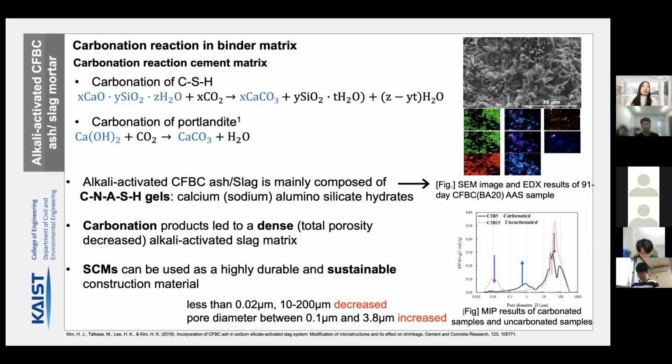However, the main product of alkali-activated CFBC ash slag is C-N-A-S-H, calcium sodium aluminosilicate hydrates. So the carbonation behavior differs from C-S-H carbonation, and carbonation products led to a dense alkali-activated slag matrix. To sum up, SCMs can be used as a highly durable and sustainable construction material.